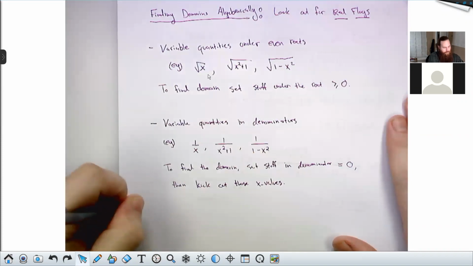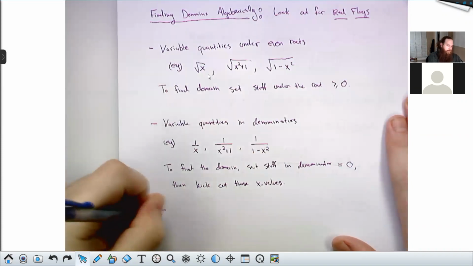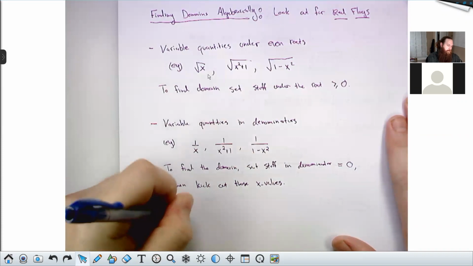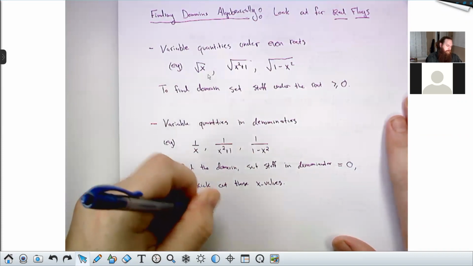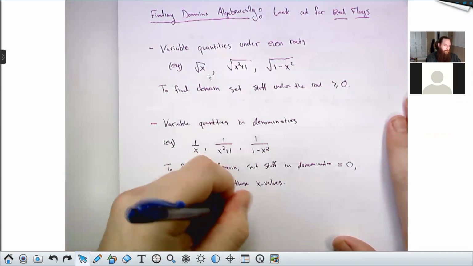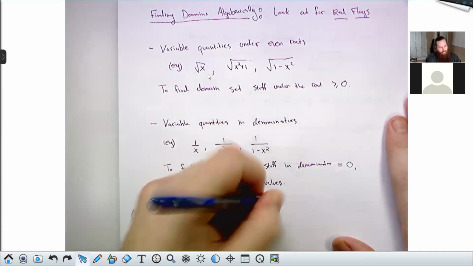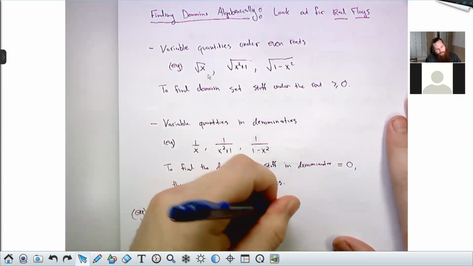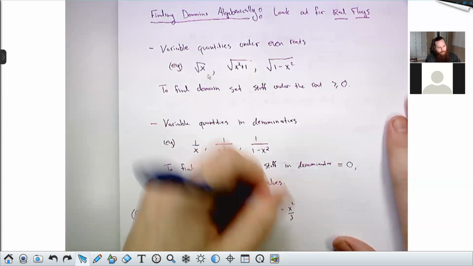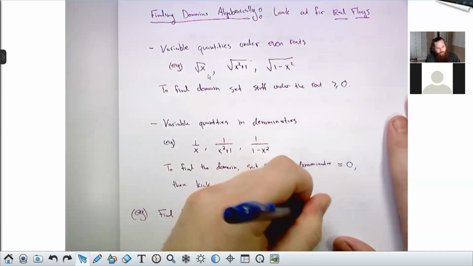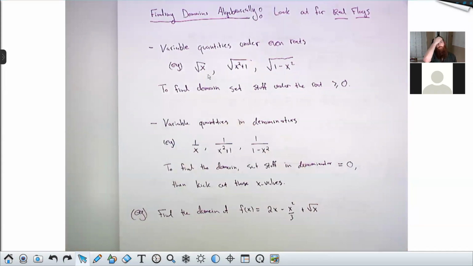So find the domain of f of x equals 2x minus x squared over 3 plus the square root of x. I go hunting through this formula, looking for any red flags.